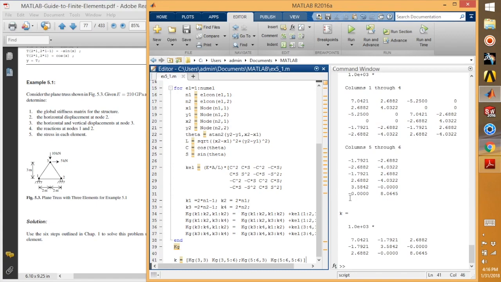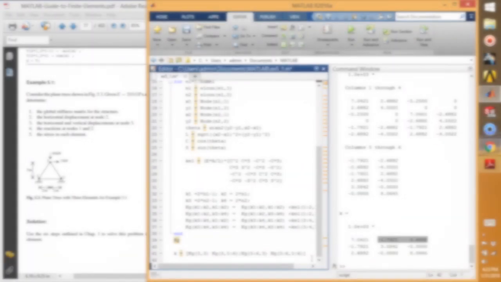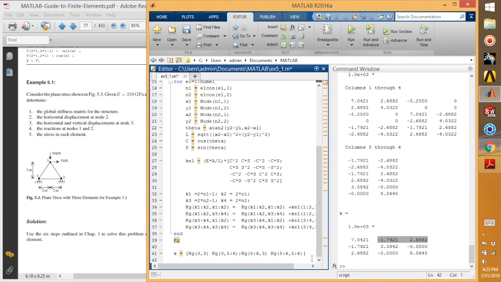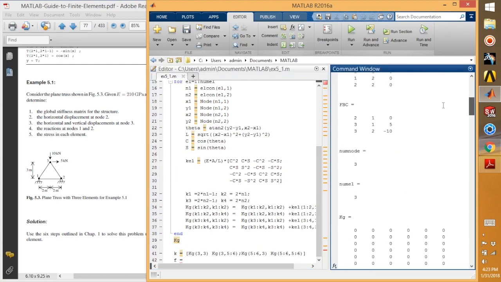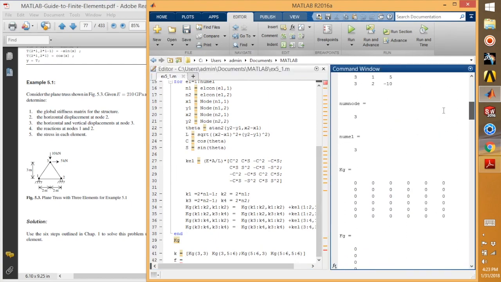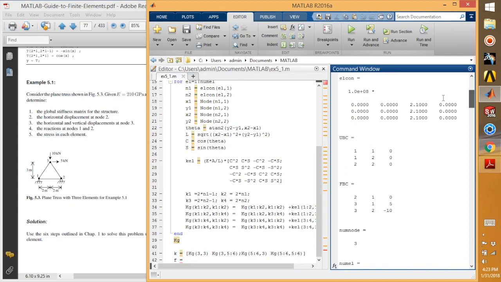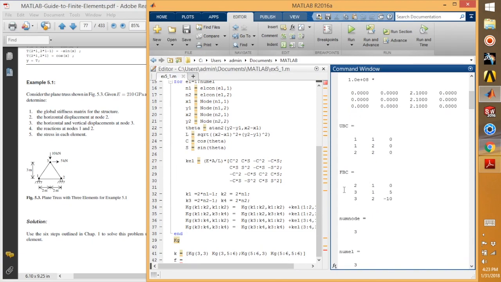So let's go and find the displacement. Let's define F equals, so for node 2 we have 0, right? For node 3, 5 and minus 10.